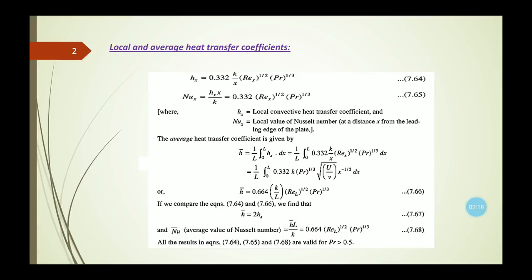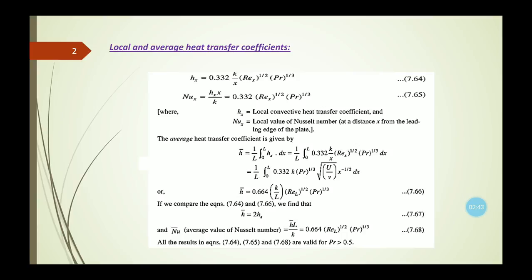So this will be equal to 0.664 k by L Re_L to the power half and Prandtl number to the power 1/3. These two equations, that is 7.64 and 7.66, are applicable for local and average heat transfer coefficient as well as local and average Nusselt number.